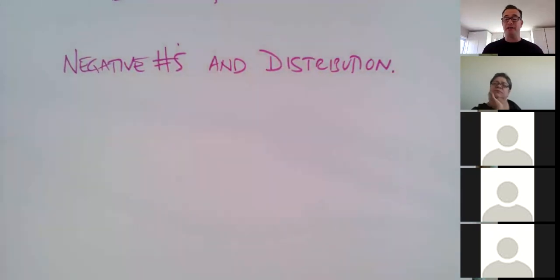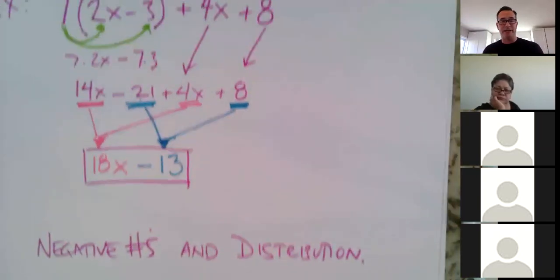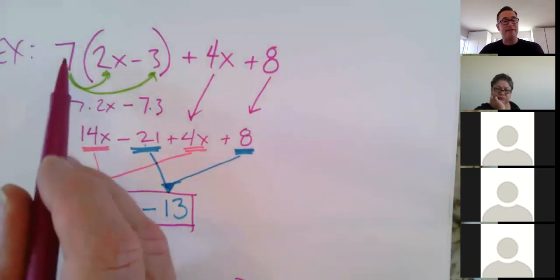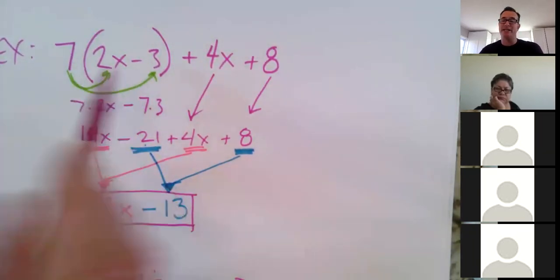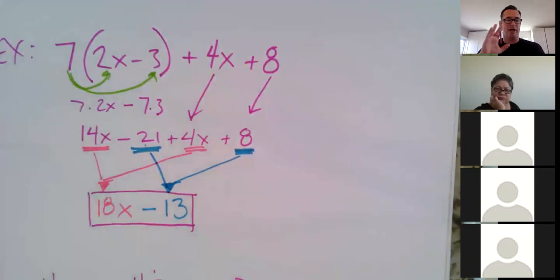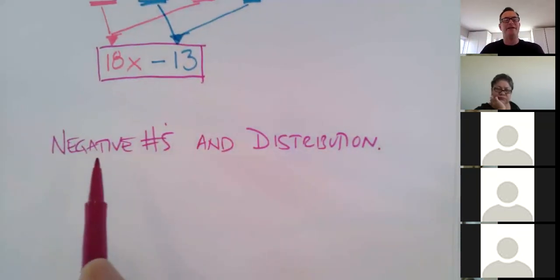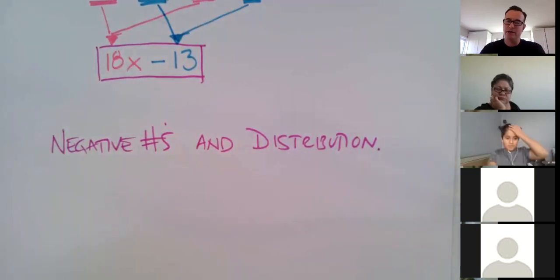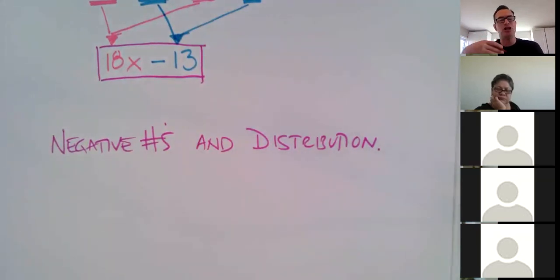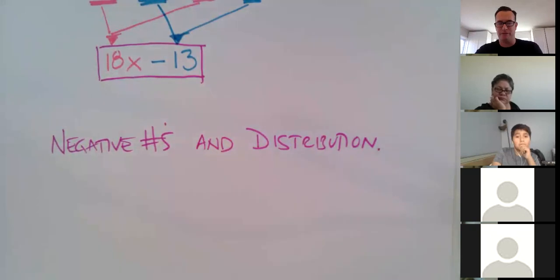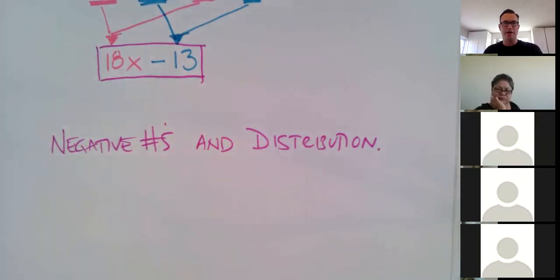Most of the time, everything we've done before, like when we had an example like this, when we multiplied, 7 is a positive number. So when I multiplied, it didn't change anything. You multiplied, you were done. When we have negative numbers outside of the parentheses, it can change enough that I don't want you to be confused, okay? So here's what I want us to do first as we're looking at this.